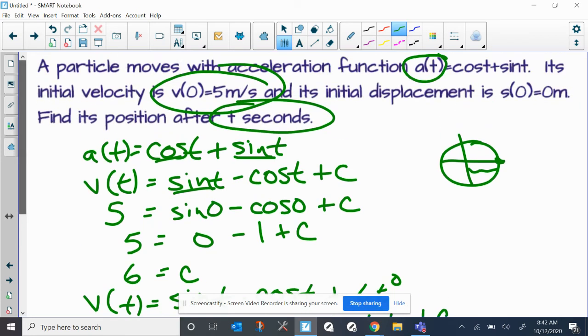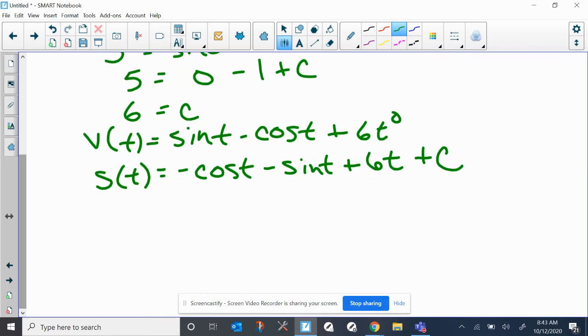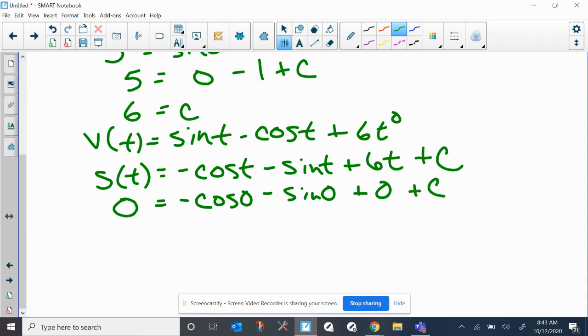I go up here to the top, and s of 0 is 0. So I'm going to plug 0 in for both the position and time. So I have negative cosine of 0 minus sine of 0 plus 6 times 0 plus c. Cosine of 0 is 1, so this is a negative 1. Sine of 0 is 0, and then the 6 times 0 is 0.